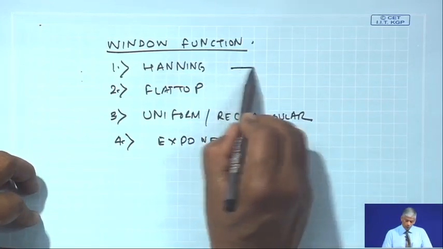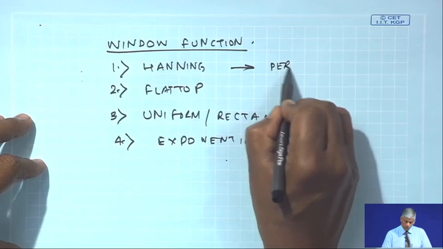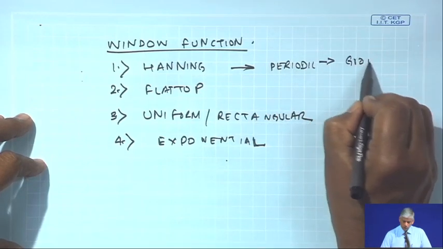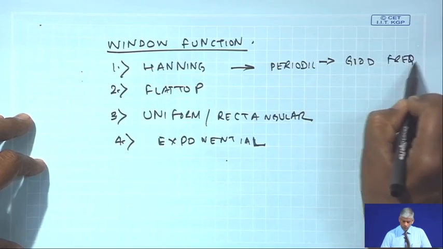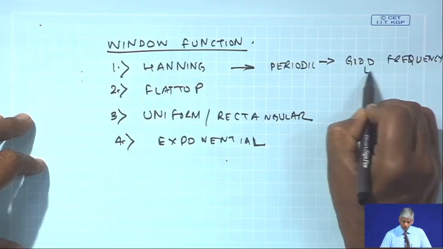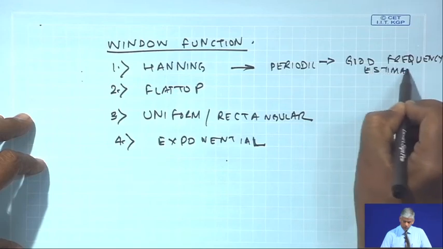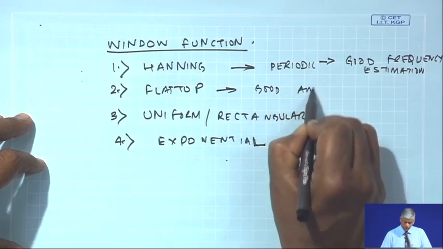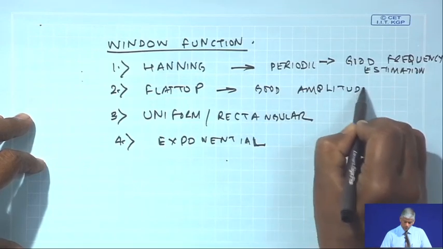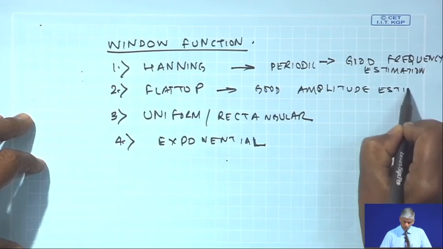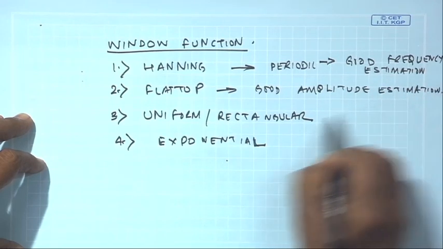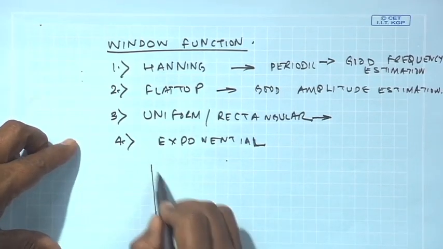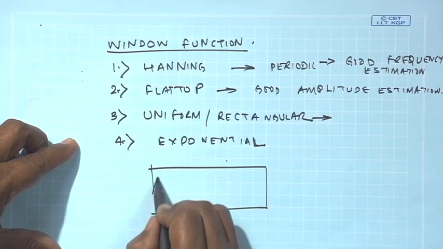Usually for periodic signal, for good frequency estimation, such a window is used. This is for a good amplitude estimation, and uniform or rectangular window is actually a no window, used when the signal itself has continuity, like a nice sine wave.